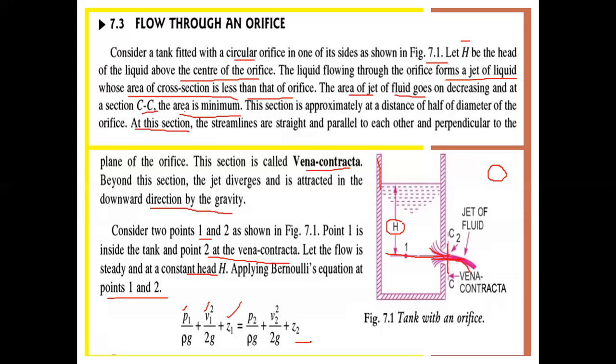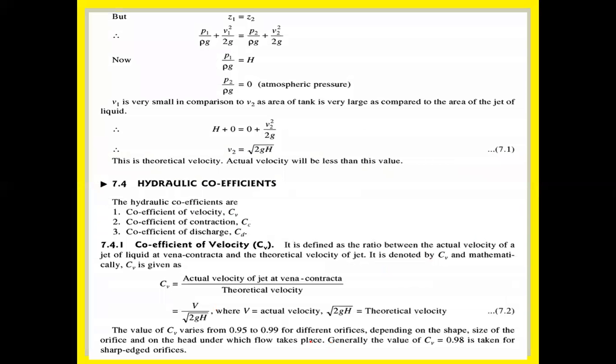After applying Bernoulli's equation for this flow through orifice, here it is on the same plane, so Z1 is equal to Z2. Therefore P1 by rho g is equal to the head H, and P2 by rho g is equal to 0 because it is at atmospheric pressure, outside.